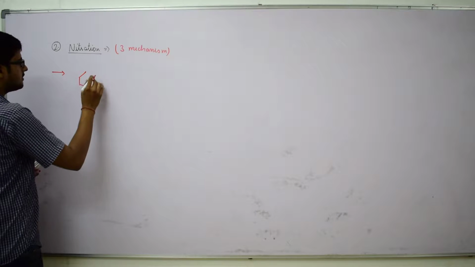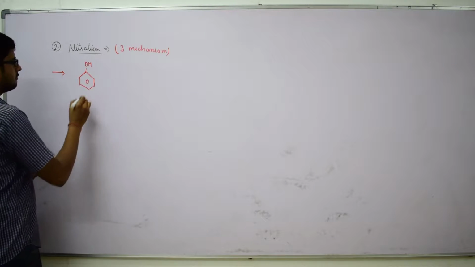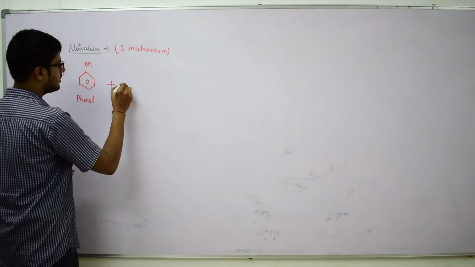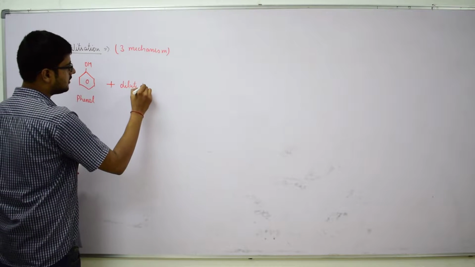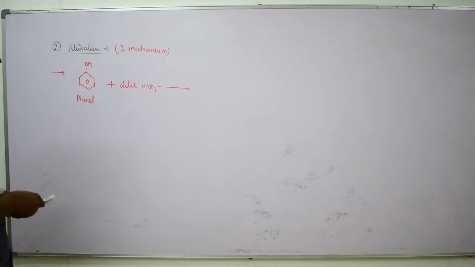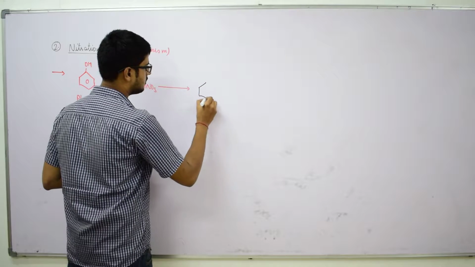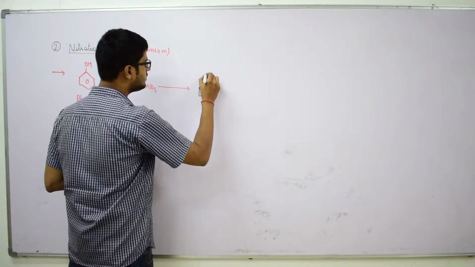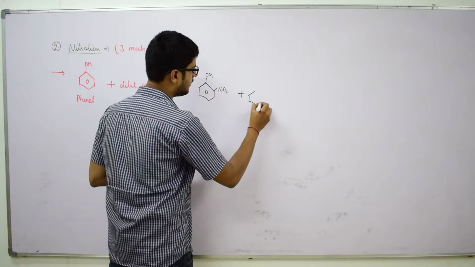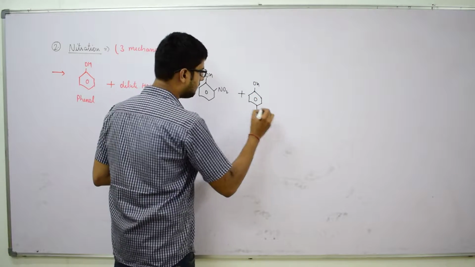In the first mechanism, when phenol is treated with dilute nitric acid, it forms two derivative products, that is ortho derivative and para derivative.